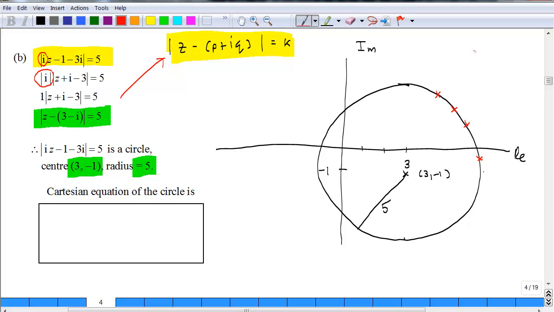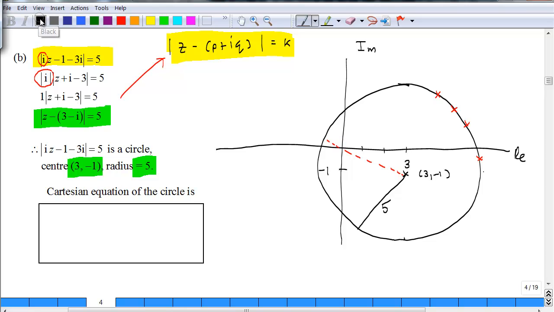Now it is very important for you to check whether the circumference of the circle passes through the origin or not. We are also interested in this question: to find out the Cartesian form of the equation of this circle, and check whether our center and radius of the circle are correct.